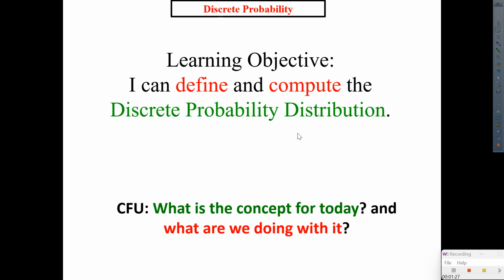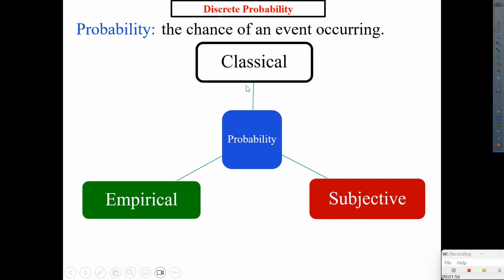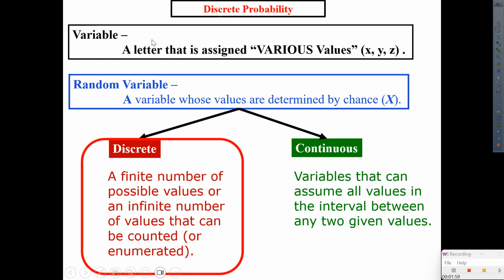Our objective for today: define and compute the discrete probability distribution. We've been in the middle of that. We covered the probabilities, we talked about random variables, we've been working with discrete, and we also know the difference between discrete and continuous.